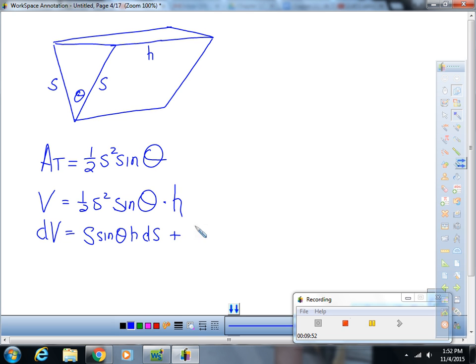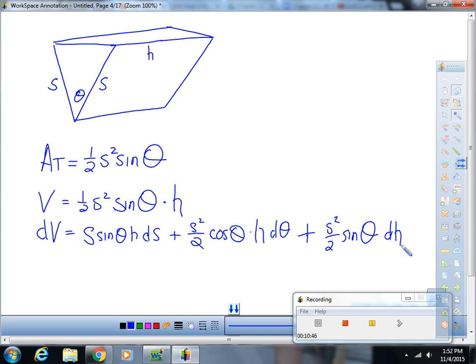That's just going to be s squared over 2 times cosine theta times h. We just treated s squared and h like constants there. Plus, take the derivative with respect to h, and you just get s squared over, hold on just one second. I need to multiply this by d theta because it's total differentials. Plus s squared over 2 sine theta dh.